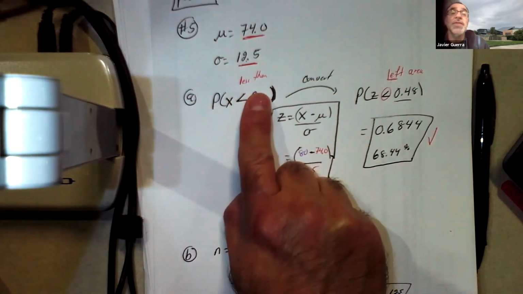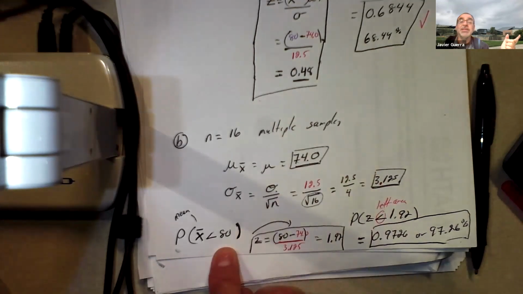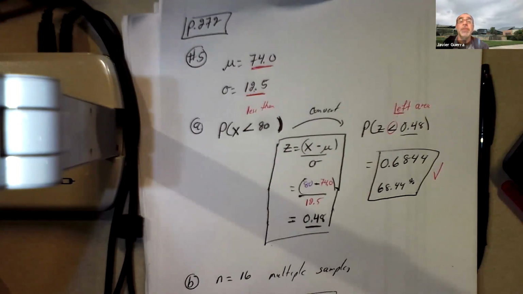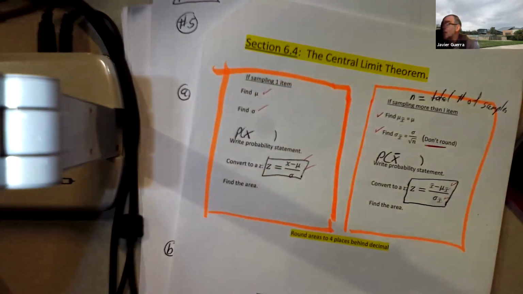I'm gonna do one of each because there's only three types. We already took care of the less than. Now we're gonna do one that has greater than, and then we'll do an example that has in between. So you can see the differences between the three using this central limit theorem.